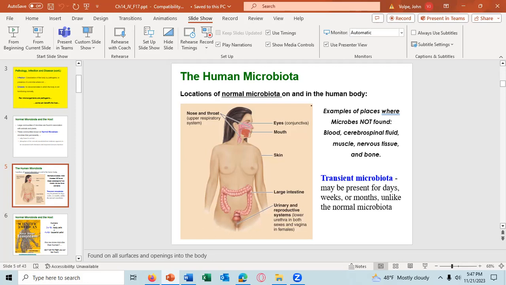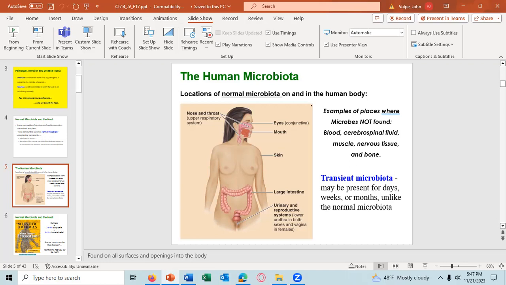And so if you get bitten or scratched by your cat, you can pick up Bartonella henselae because in the teeth or mouth and in the claws, Bartonella henselae tends to grow in the cat as a part of its normal microbiota. And Bartonella henselae in people is a human pathogen. It causes cat scratch fever, in case you're wondering.